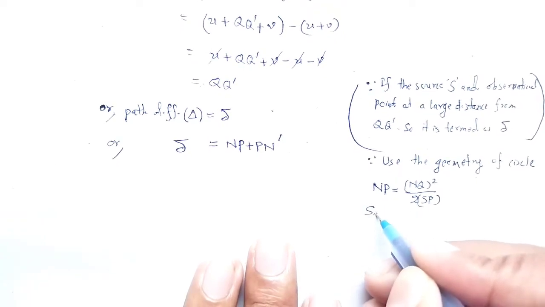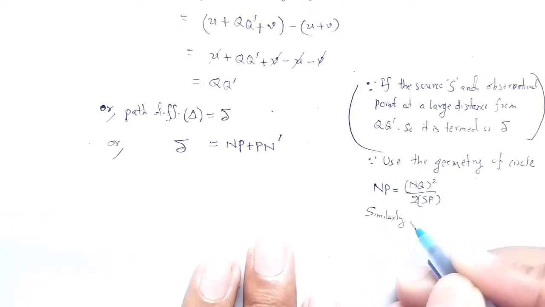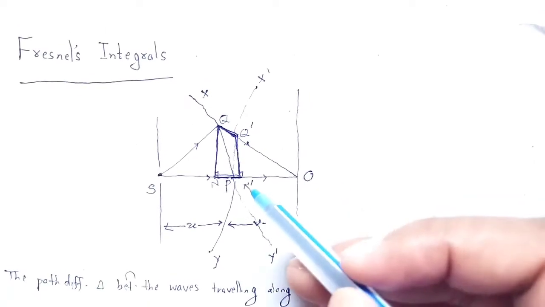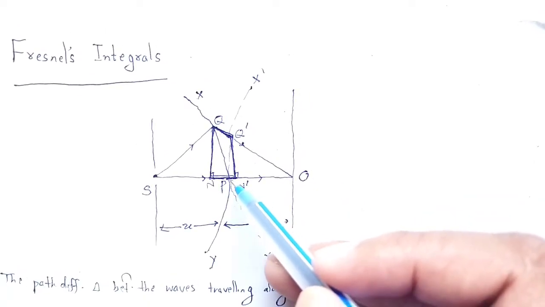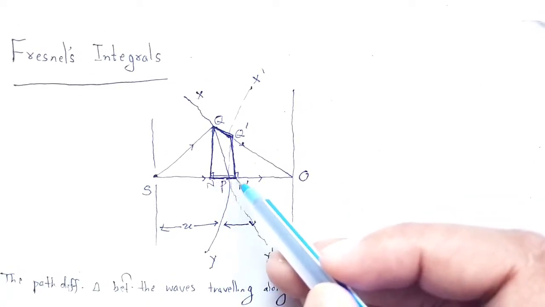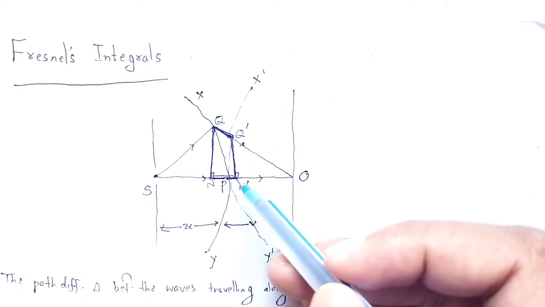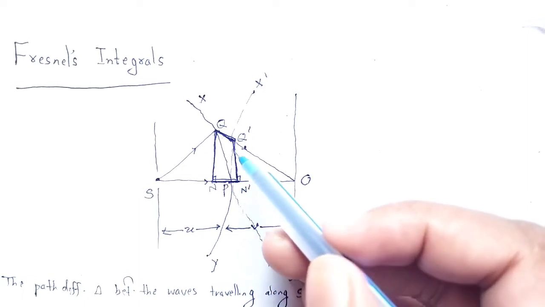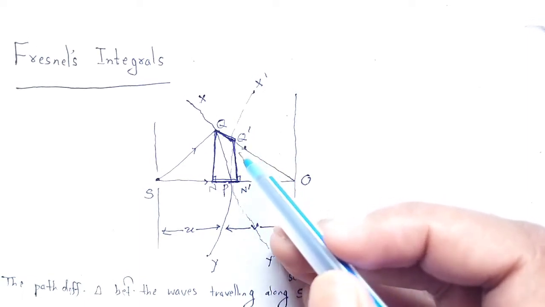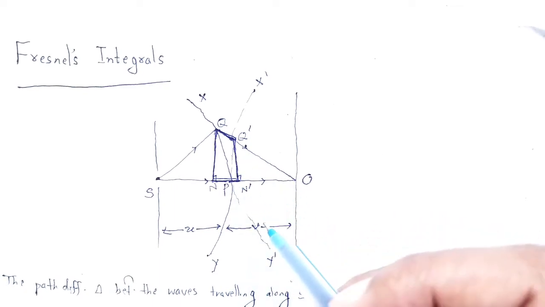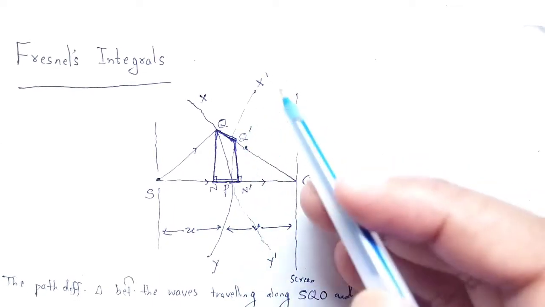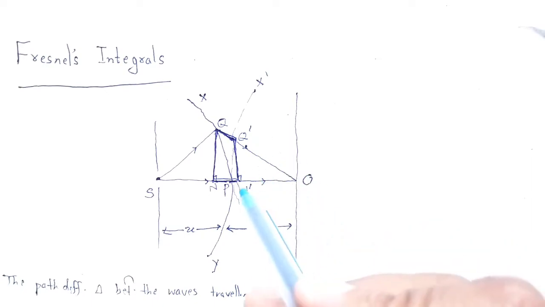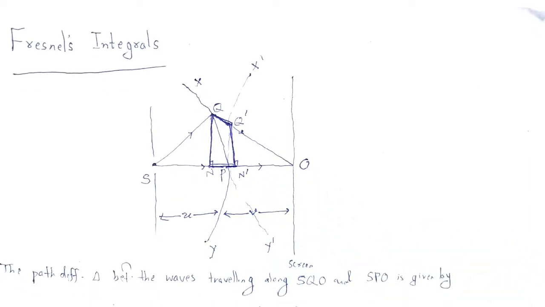Similarly, in place of PN dash, we obtain N dash Q dash squared divided by 2PO, since for the wavefront X dash Y dash, PO is the radius.